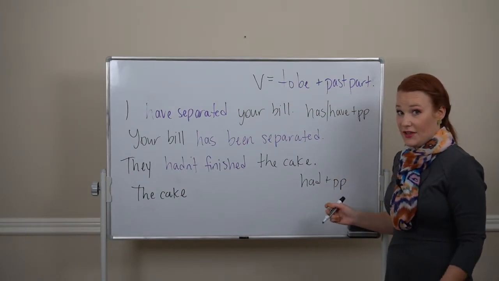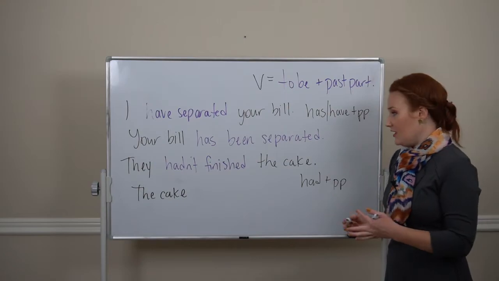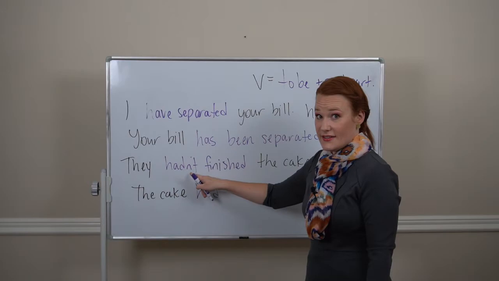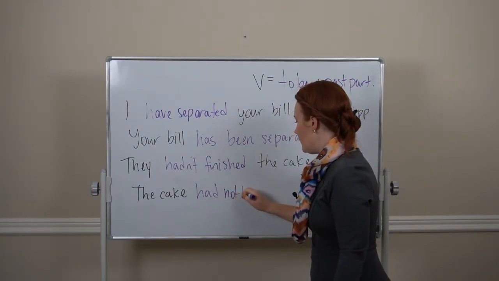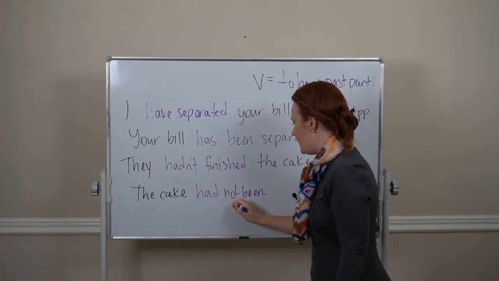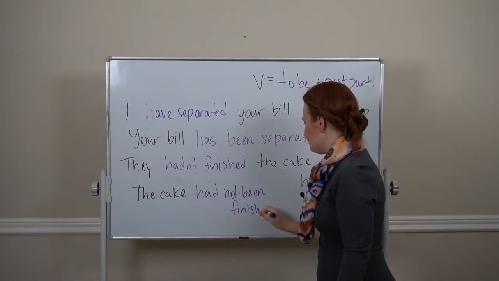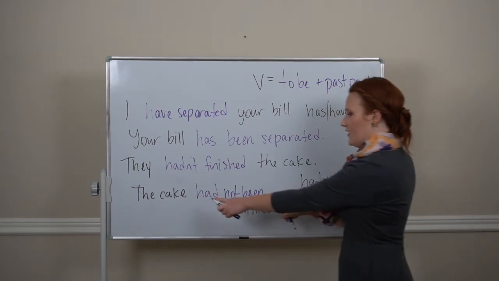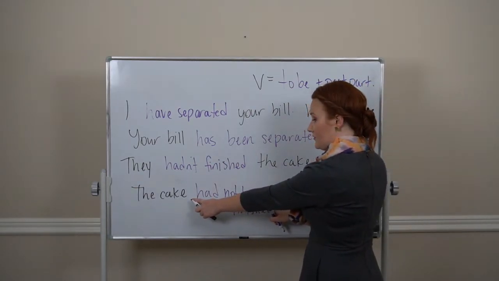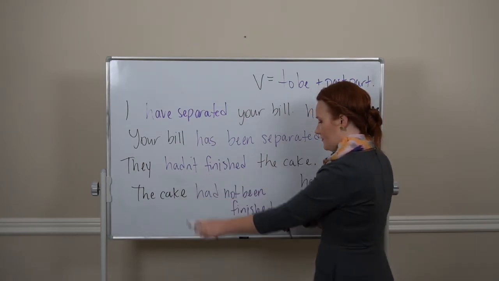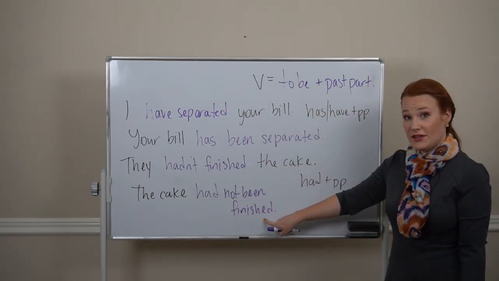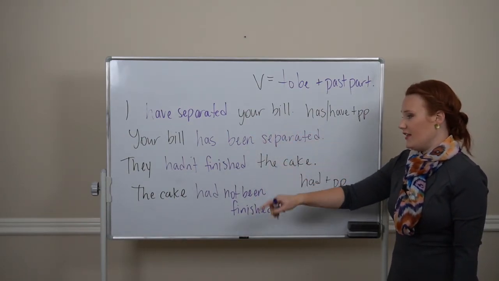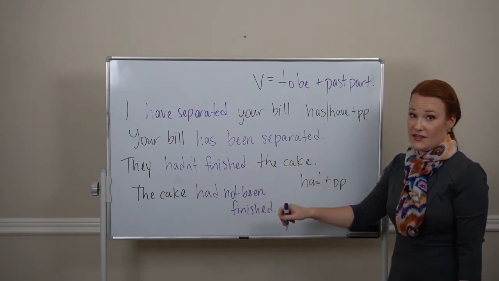So past participle of to be, again, is been. So the cake had, and this sentence is negative, not been finished. The cake had not been finished. This part is the past perfect form of to be in negative, and we added our past participle of the main verb at the end. Your bill has been separated. The cake had not been finished.